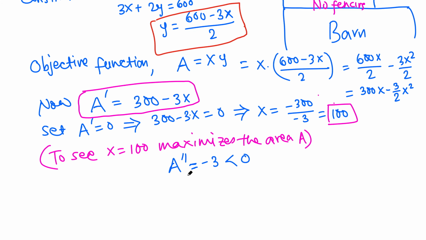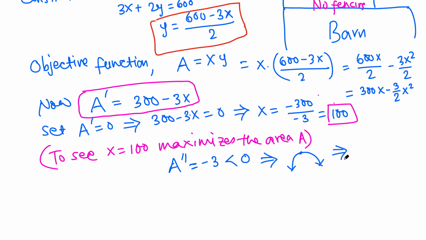So whenever we have a second derivative less than 0 throughout the domain, then we get concave down. So the objective function graph looks like something like this. And our x equals 100, that's in fact a critical number, so that gives us this function value at x equals 100.